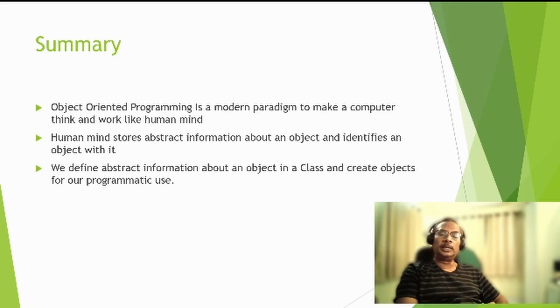So how do we do that? In our previous example, we created a class called Student, and in Student we defined properties of the student like roll number, name, and grade. And for this we also defined functionalities to get values from the object and to set values into the object.